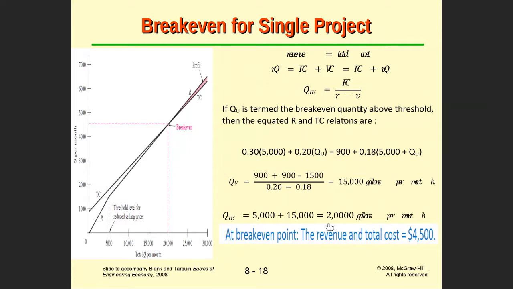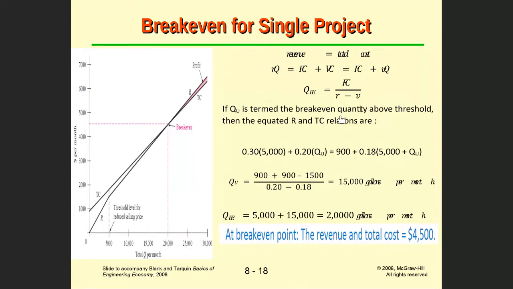So at the break even point, the revenue and total cost will be equal to 4,500. How do we know that? You can just apply the quantity of the break even, the given QU, to the revenue and cost to find the revenue or the cost.